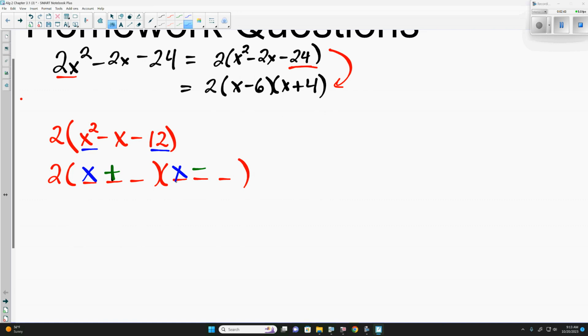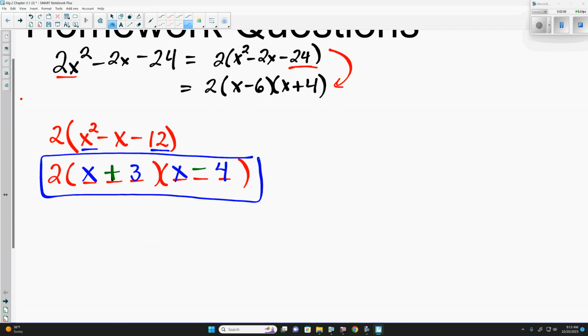And the factors of 12 that we want are 3 and 4. And that would be the correct answer, because if we check it, negative 4x plus 3x does give us negative x.